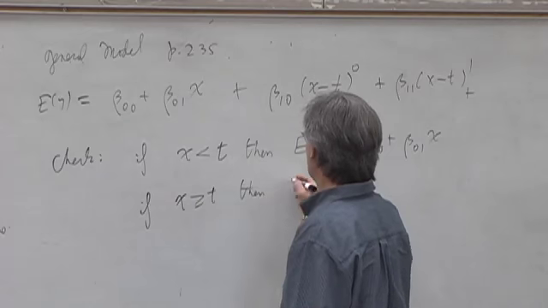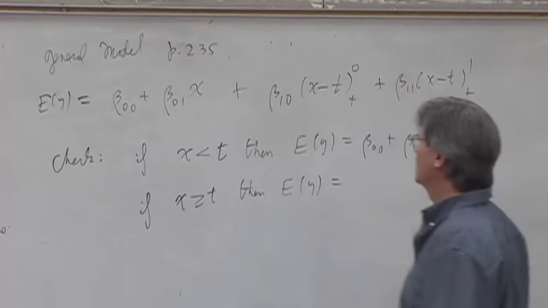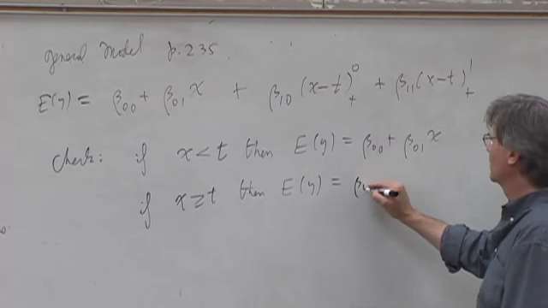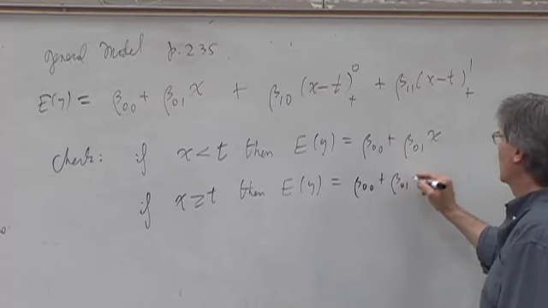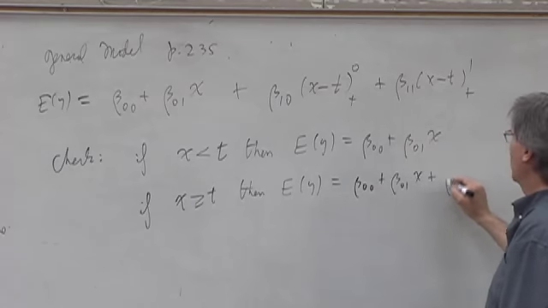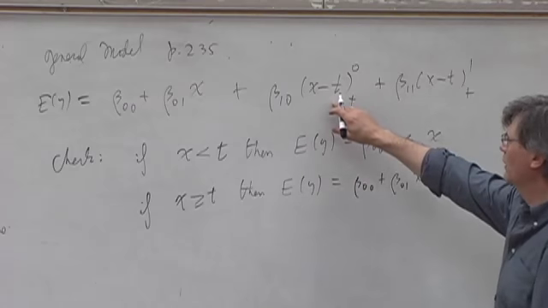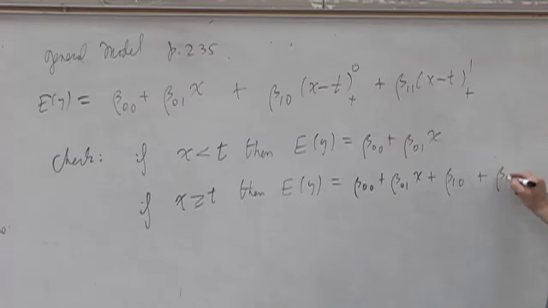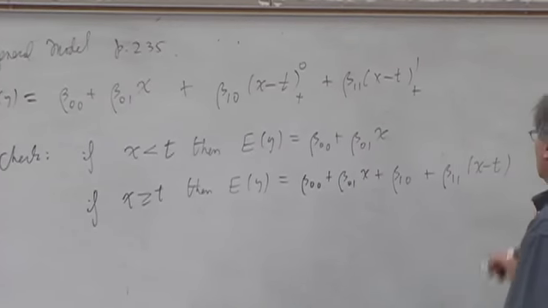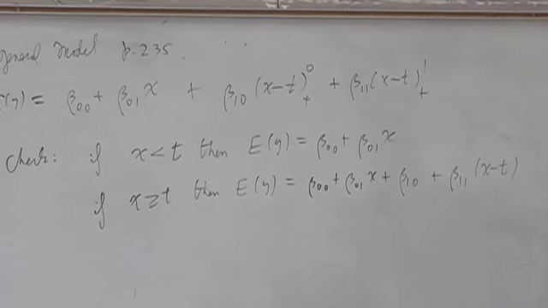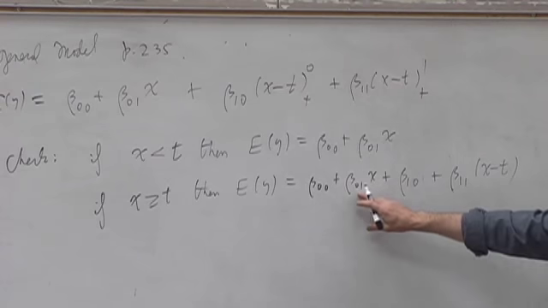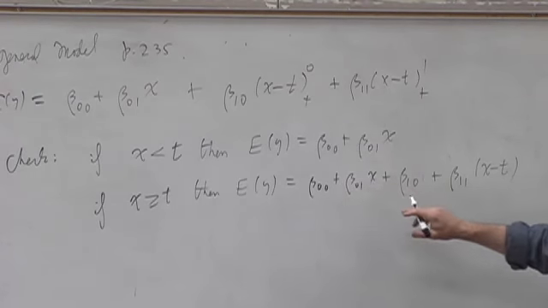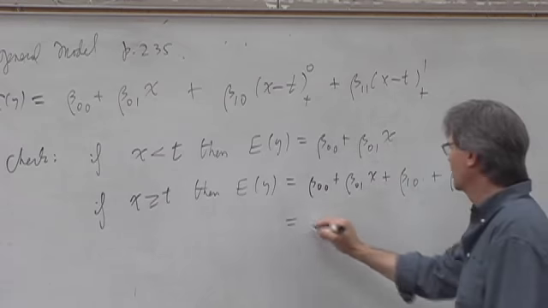then E Y is another linear function. It's beta 0,0 plus beta 0,1 x plus beta 1,0, that's just 1 if x is greater than or equal to t, plus beta 1,1 (x minus t). Okay, so the new slope is beta 0,1 plus beta 1,1.